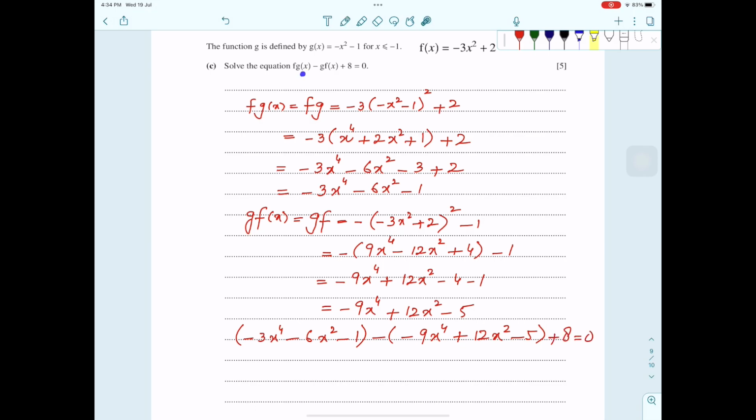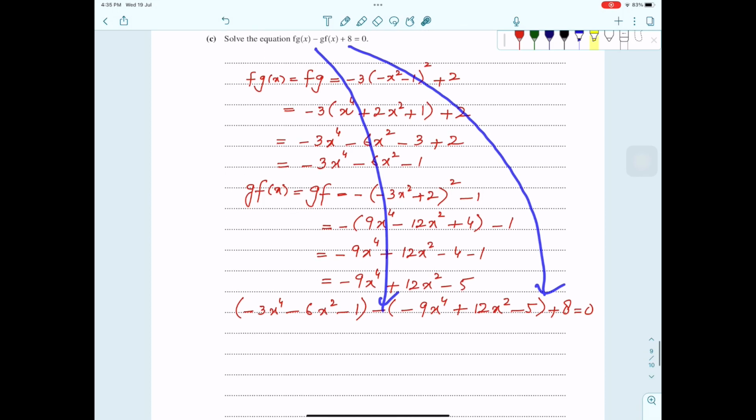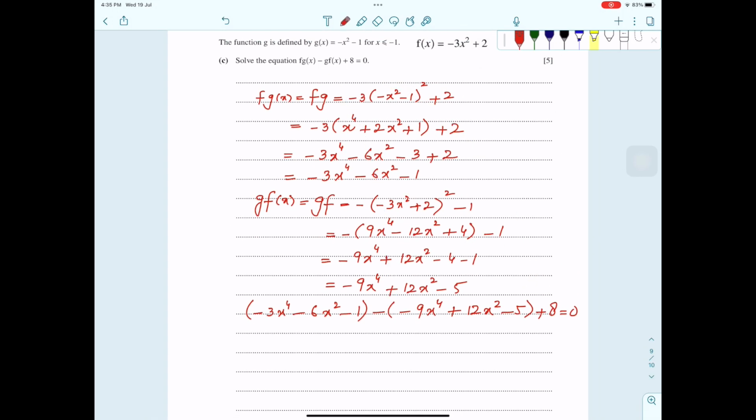So this function is written first, and the second function is written here. And there is plus 8 at the end, and there is a negative sign in between, and this whole thing equal to 0. Now we will first open the parenthesis.